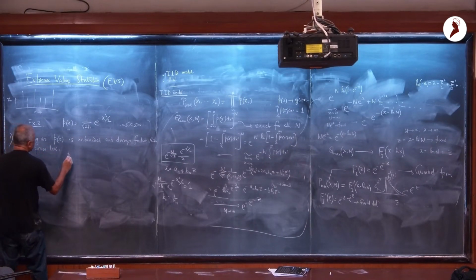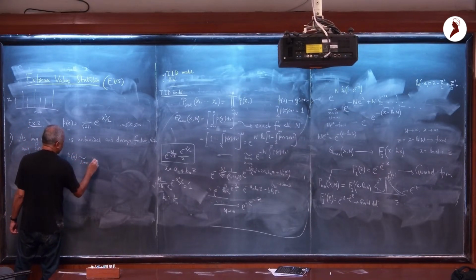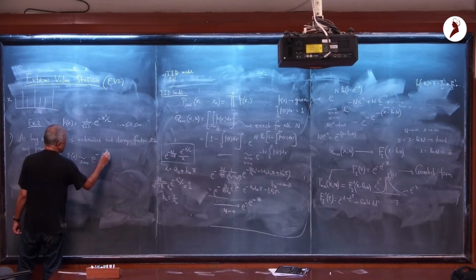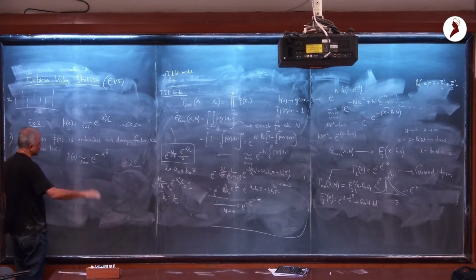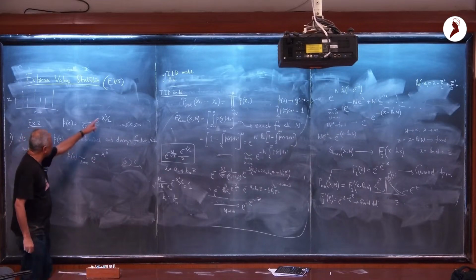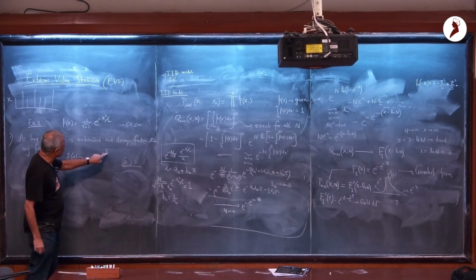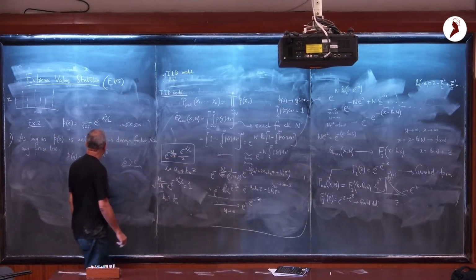So everything depends on the tail. It could be something like e to the power minus x to the power delta, where this delta should be positive. It should decay faster than any power law. So exponential and Gaussian both belong to this class. Here delta equal to 2, and for the exponential delta equal to 1.